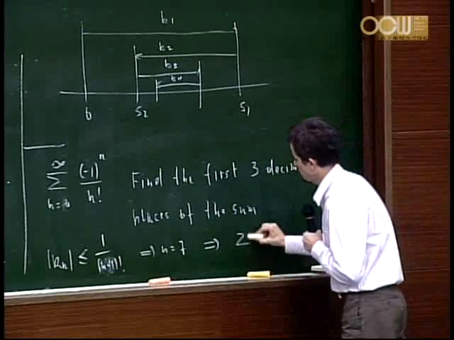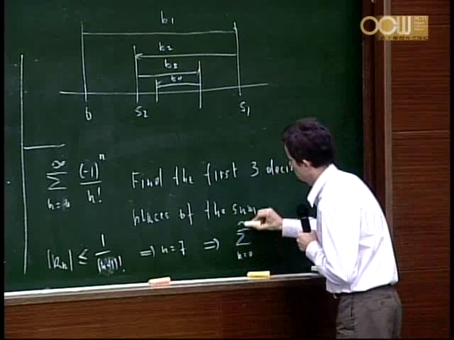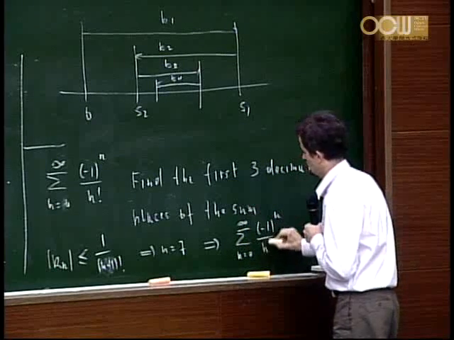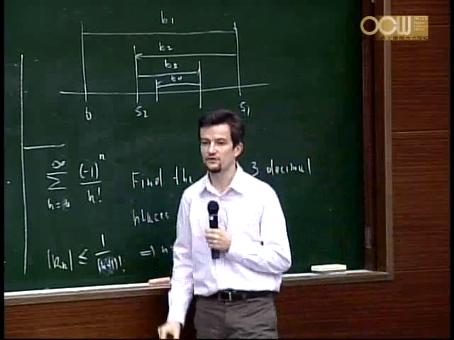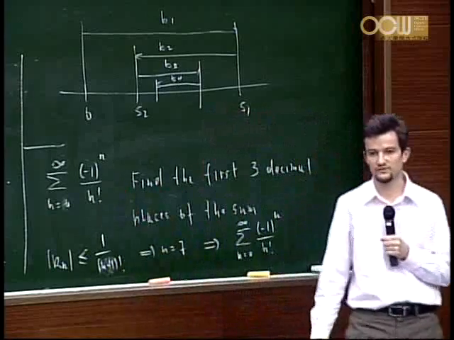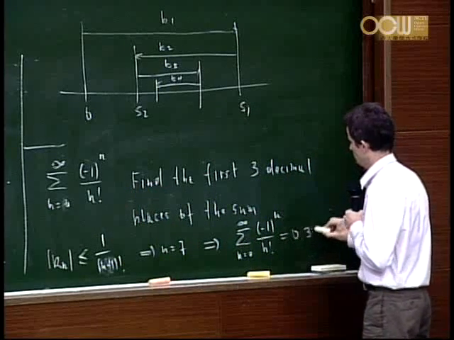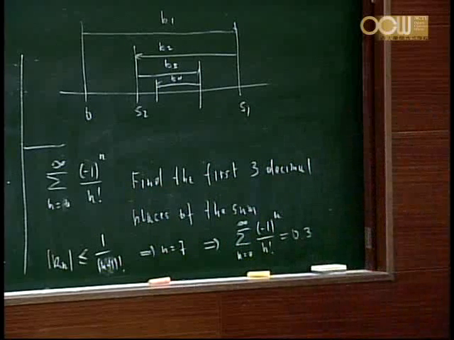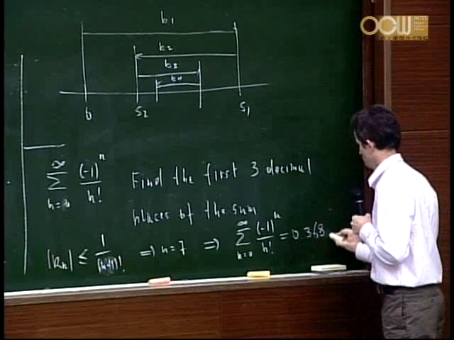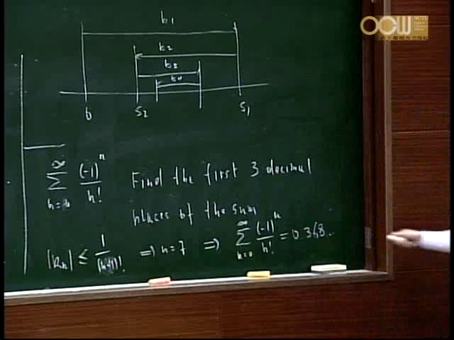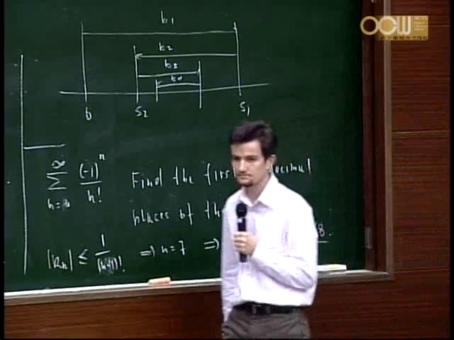In this case, the approximation which you get: what you have to do is replace this series by the first 7 terms. You compute the first 7 terms, and what you get then is 0.368. And those 3 digits will be correct.